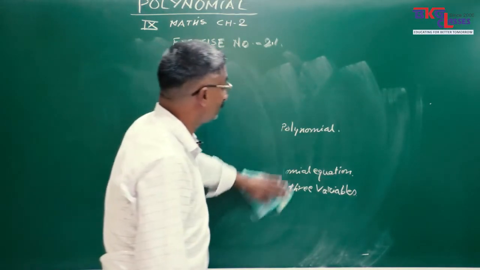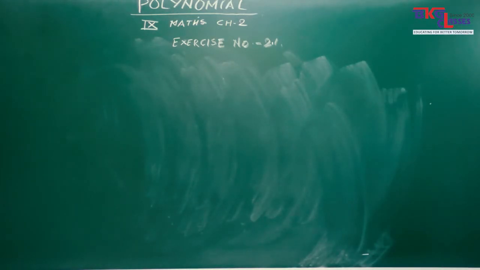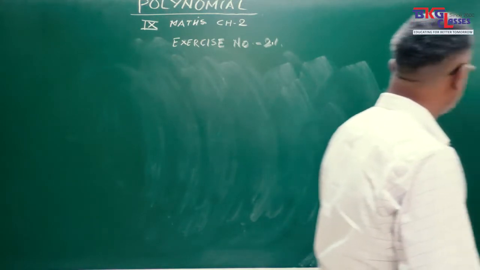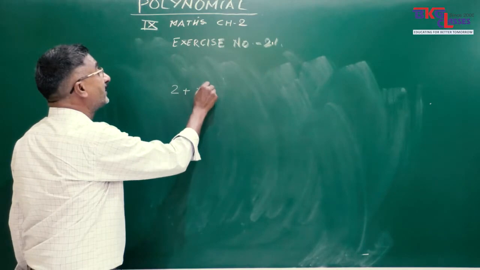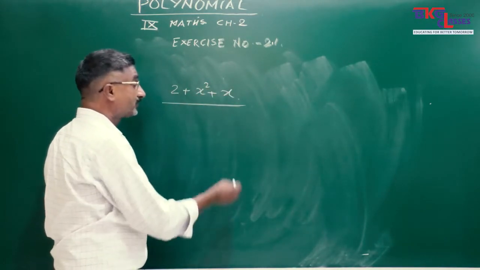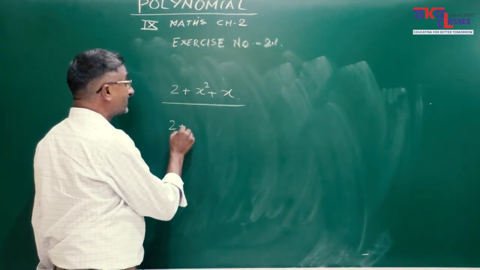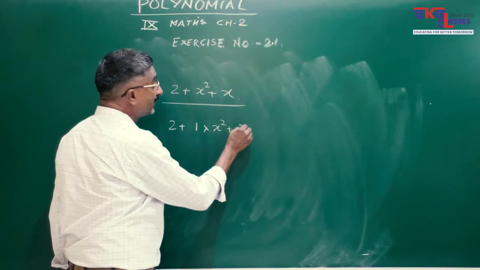Now, second one. Write the coefficient of x square in each of the following, that is 2 plus x square plus x. Coefficient means 2 plus 1 into x square plus x.